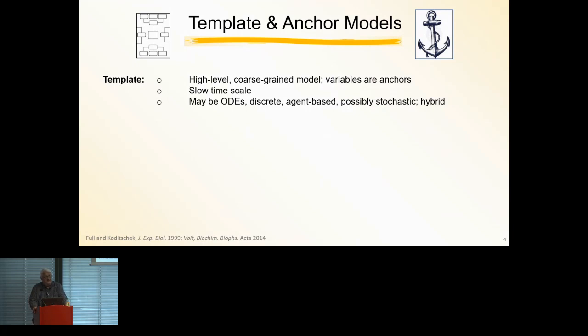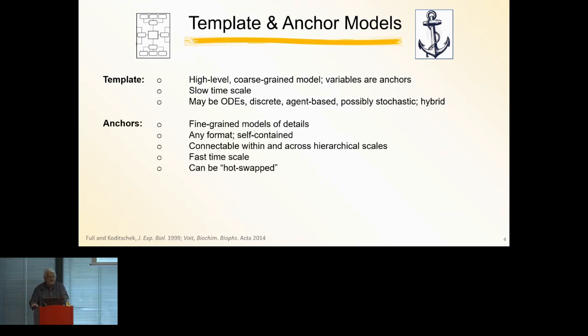The template models usually are running on a slower time scale, and they could be ODEs, they could be discrete models, agent-based models, whatever fits the context you are working in. Then we have the anchor models. These are the fine-grained models that describe the detail, whether it's metabolism or signaling or physiological aspects.